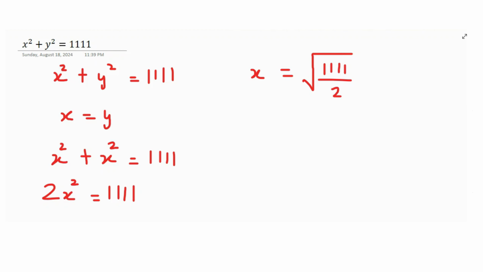So when you divide these two numbers, you would get x is equal to square root of 555.5. And when we take a square root of it, it's going to be approximately equal to 23.56.